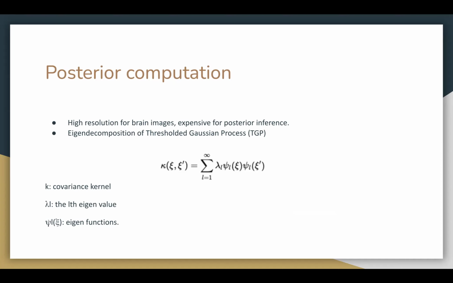Why can they do this? This goes back to the sparsity and smoothness assumption of these latent functions, which means we can select just the top couple of eigenfunctions to represent the latent functions. That makes the sampling easier and more efficient, while not losing much of the features.